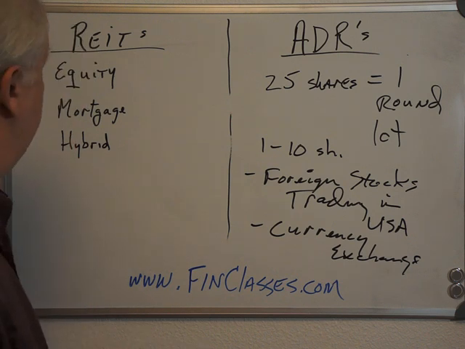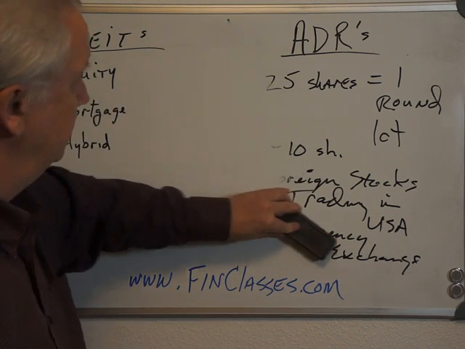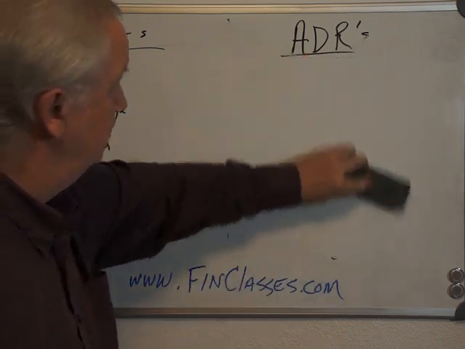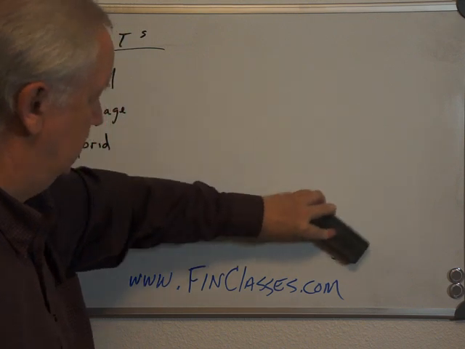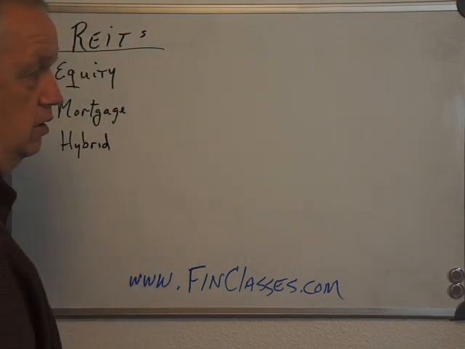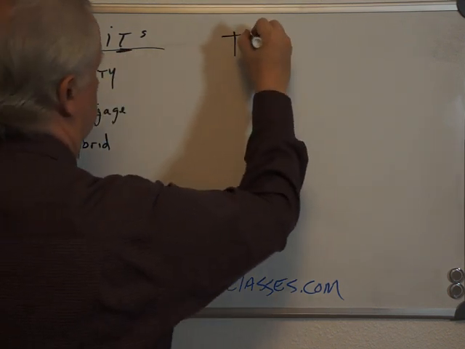Let's take a look now at real estate in America and try to get an understanding of REITs. Real Estate Investment Trust. So what should that tell you right off the bat? Right with the T, trustee.